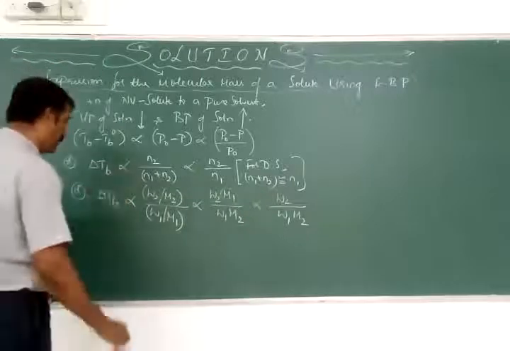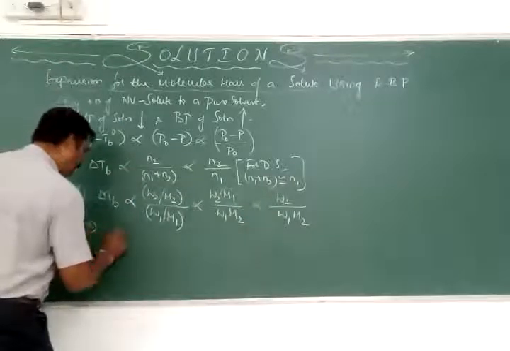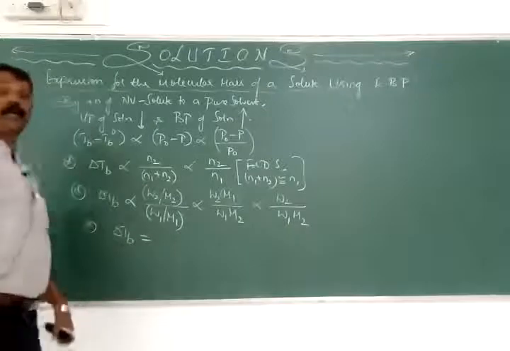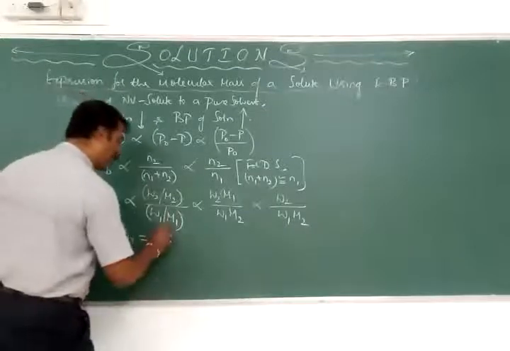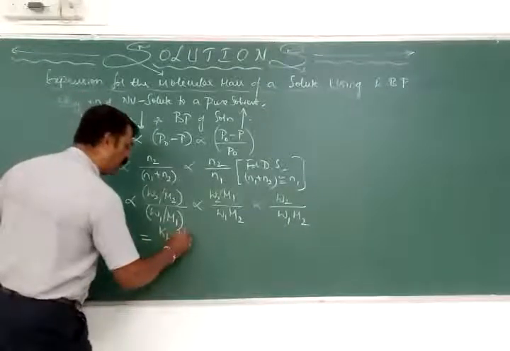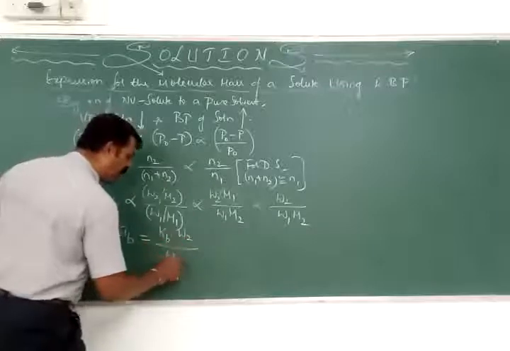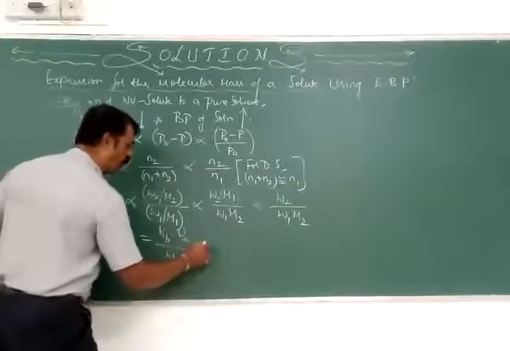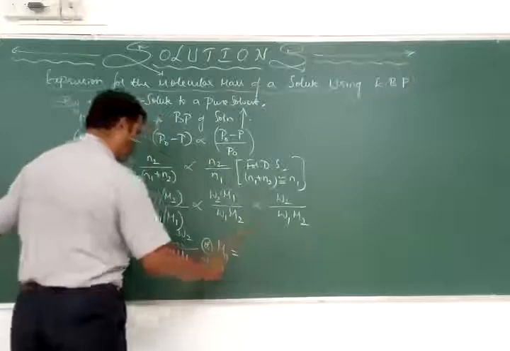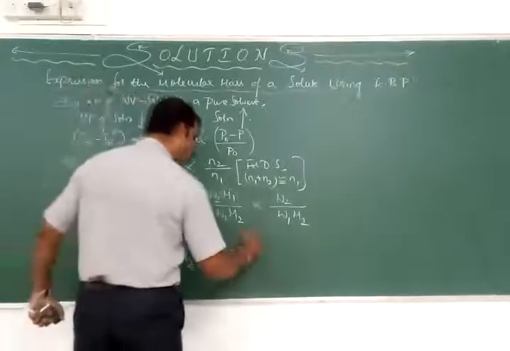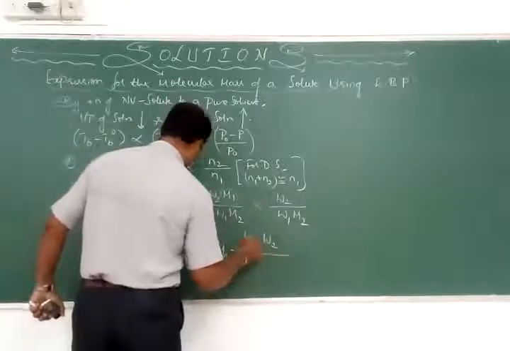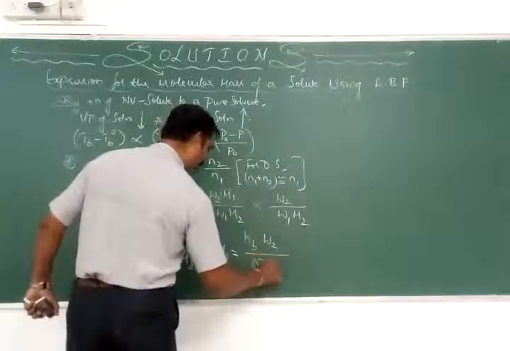On that basis, delta TB, if I remove the proportionality sign, I will get a constant called Kb into W2 divided by W1 into M2. M2 is equal to what? Kb into W2 divided by delta TB into W1.